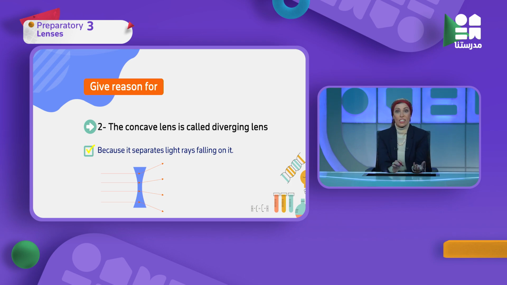So from those shapes you can easily answer this type of question: the convex lens is converging, while the concave lens is diverging. You can draw it easily and I will show you how we can draw it very easily after a while.